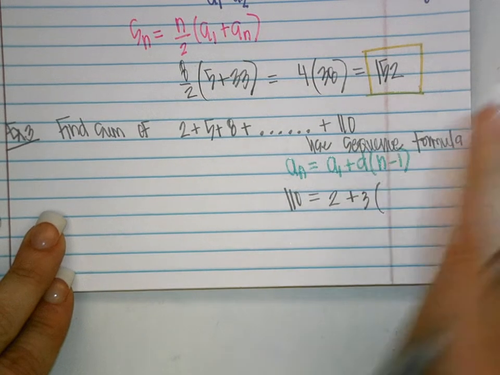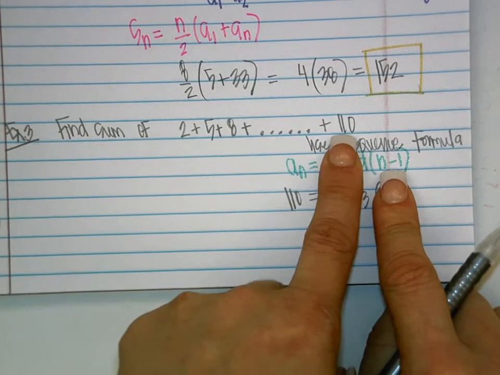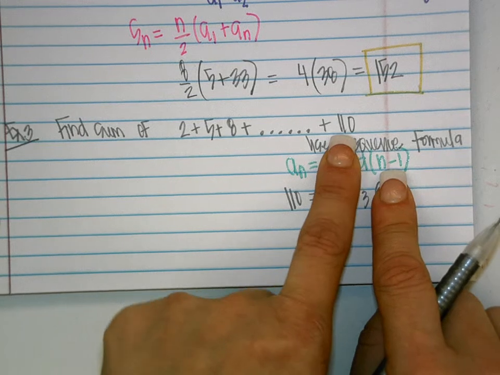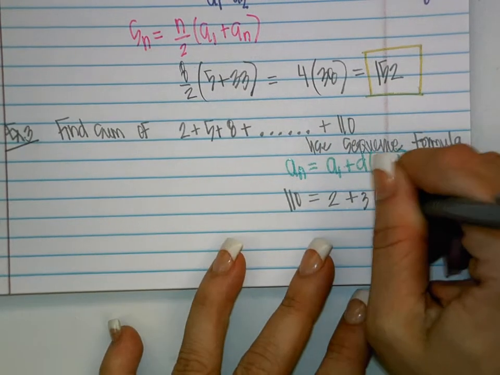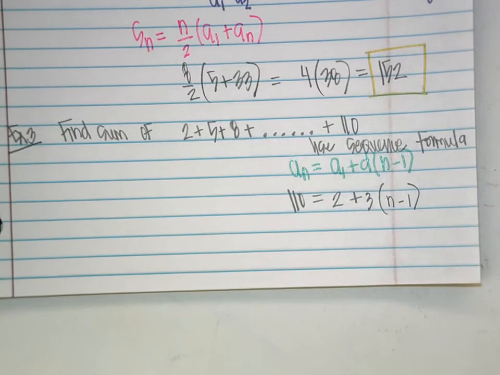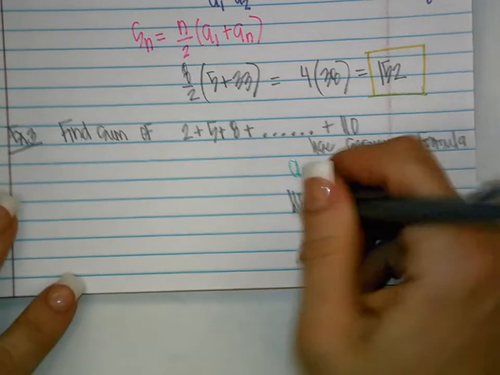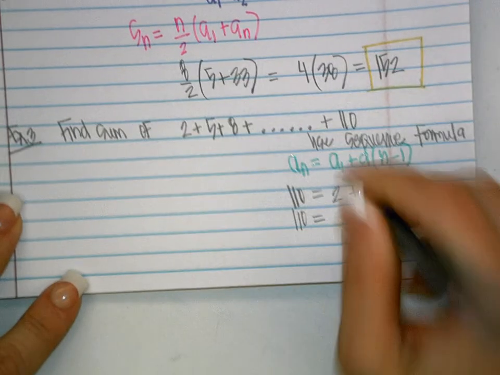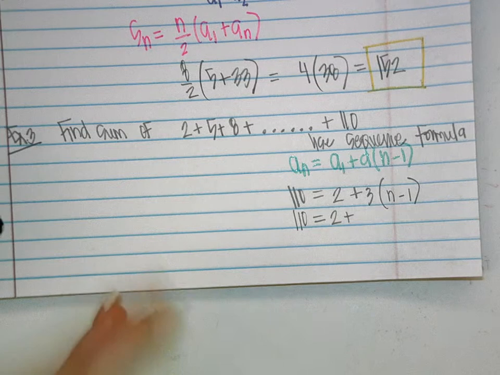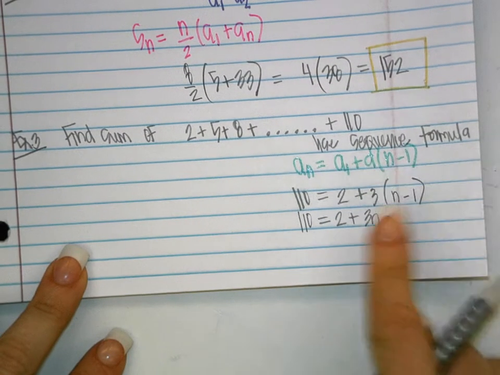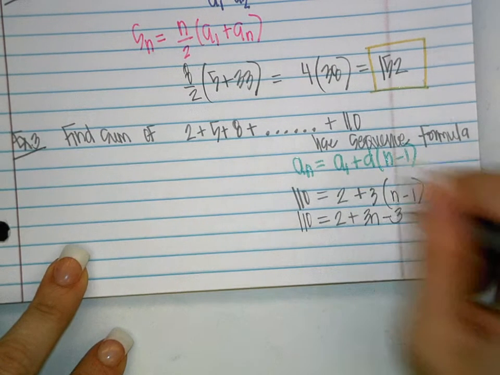Do we know what term number this is? No, that's what we're finding. So you're going to solve for n. And we can work this out. So 110 equals 2 plus 3n, 3 times negative 1 is minus 3.